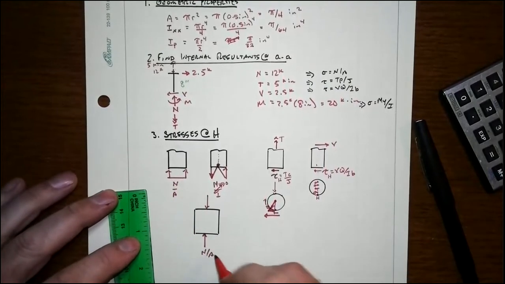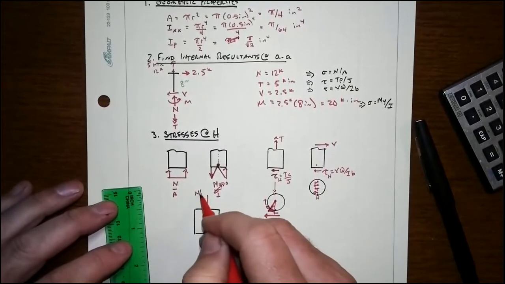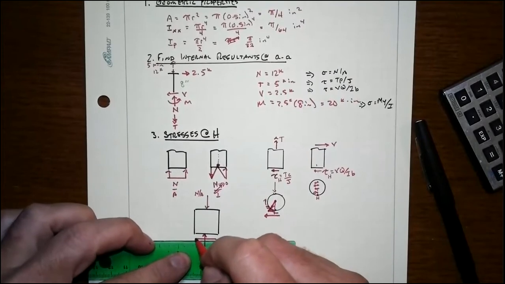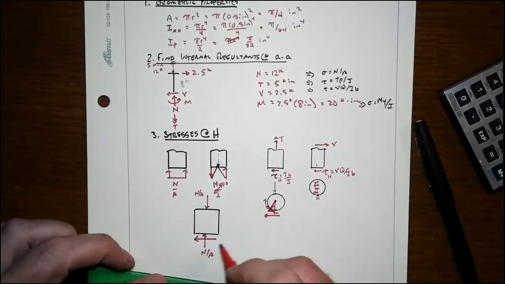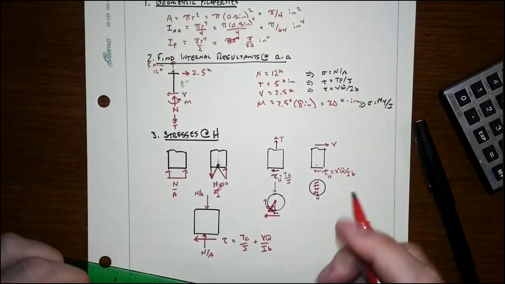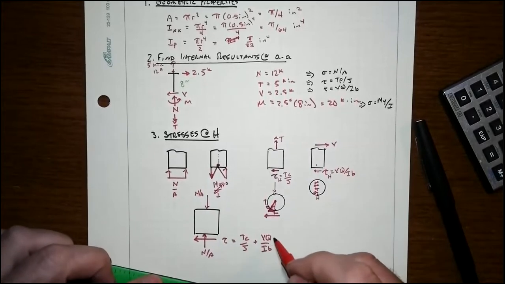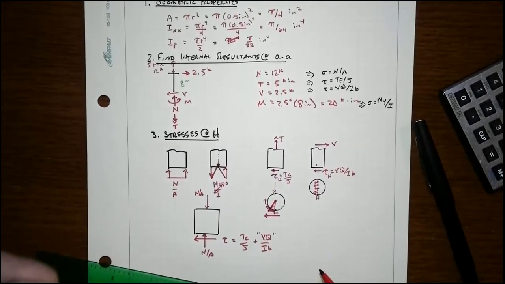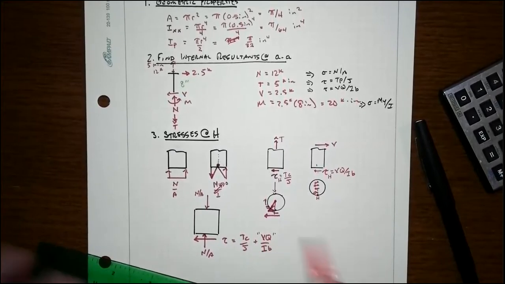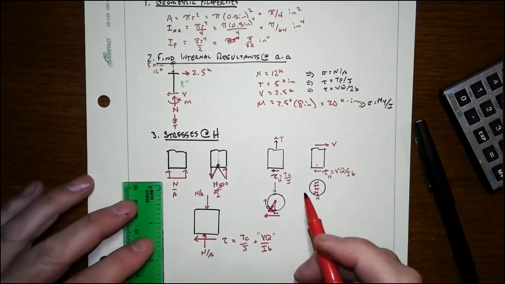That's just the N over A business. The shear stress on that bottom is acting this way. That's that tau that will equal our TC over J plus our VQ over IB, just at that one specific location. In that model, this part is the approximate part because it is a non-rectangular cross-section, but it might be reasonable at that particular location, right?